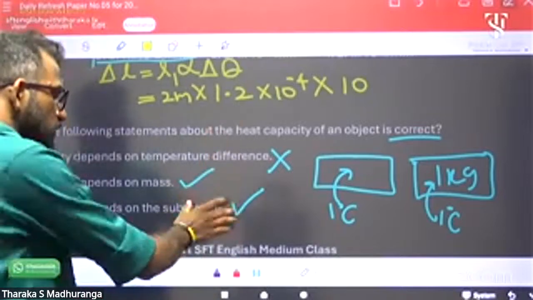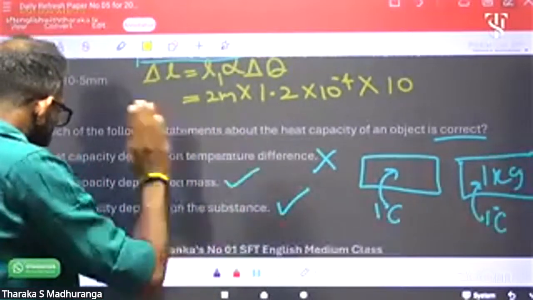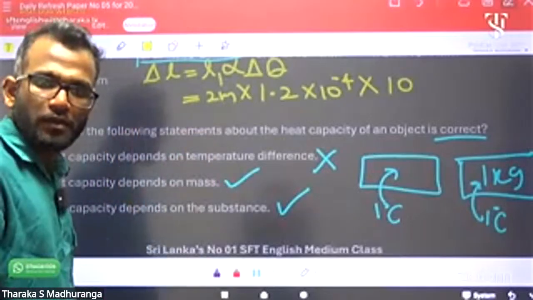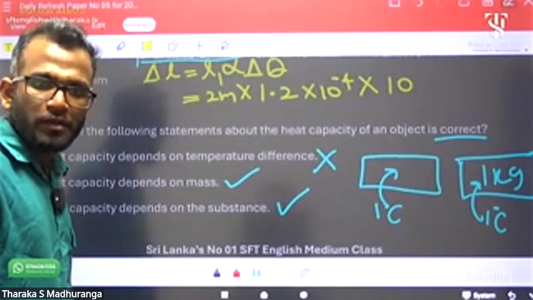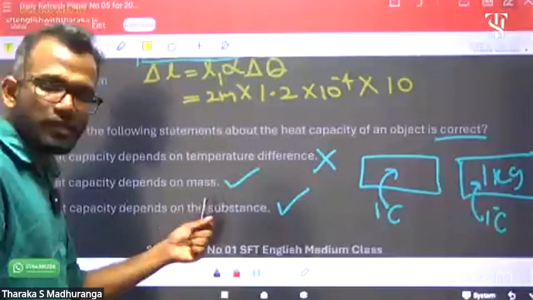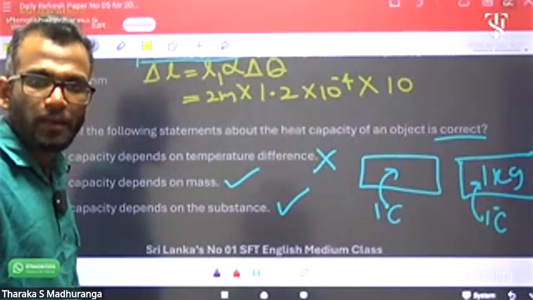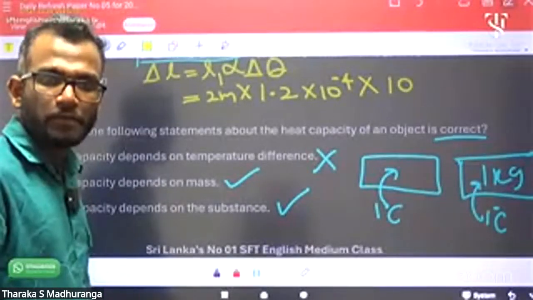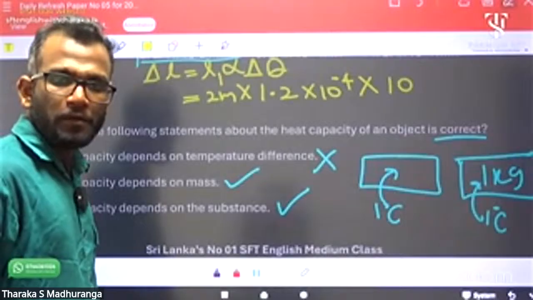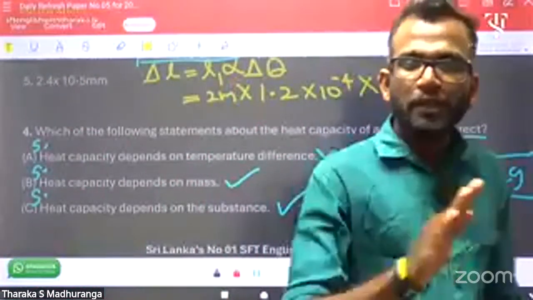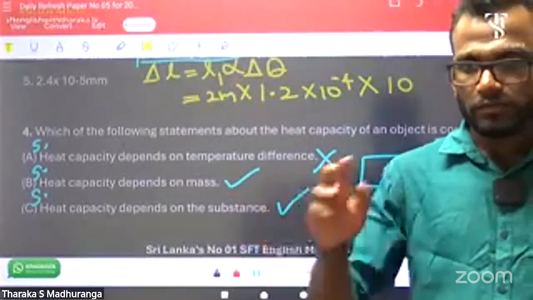Now, specific heat capacity. Specific heat capacity depends on mass. What do you think? For heat capacity, it is correct. For specific heat capacity, depends on mass, correct or wrong?